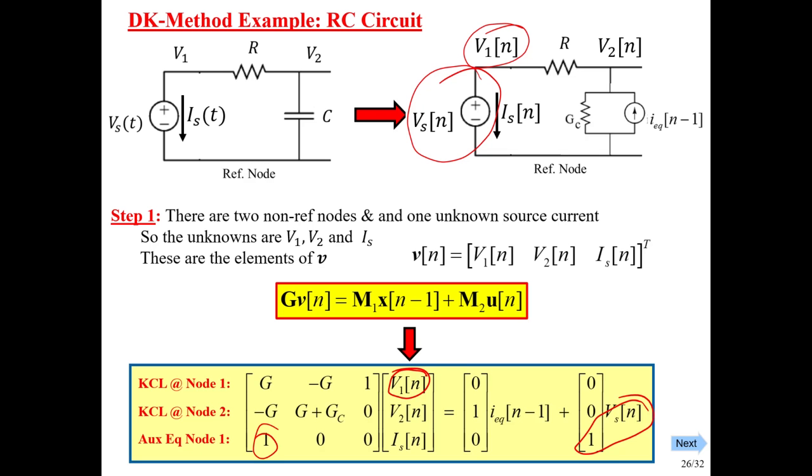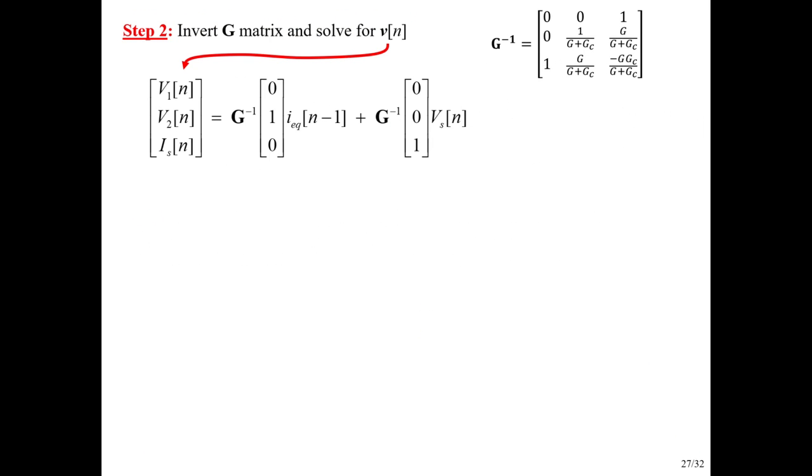So that's my auxiliary equation at node 1. Again, you could go through the table and get this same structure, and I would encourage you to try to do that. So now we've got our MNA equation.